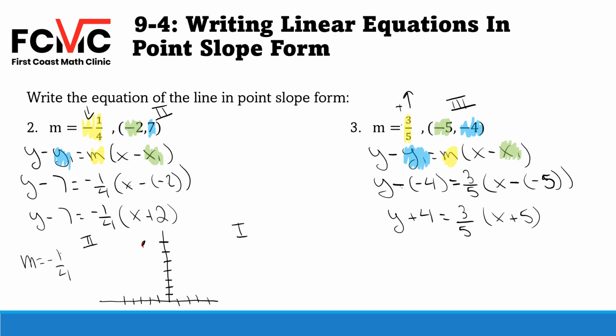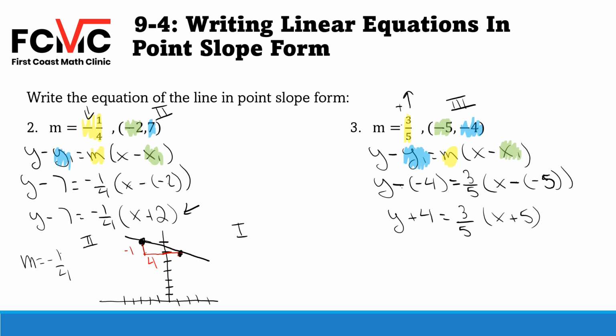So let's go down 1, and then right 4. So 1, 2, 3, 4. So right about here, because that's 2. So I went from negative 2 to 2. So my line should look something like this. So I went down 1 and right 4.